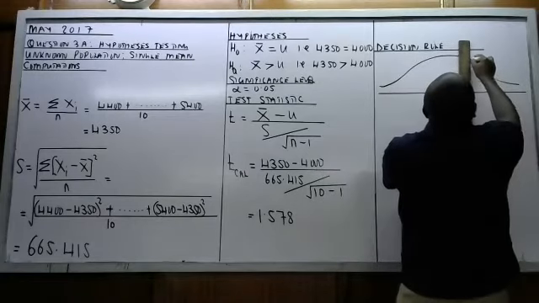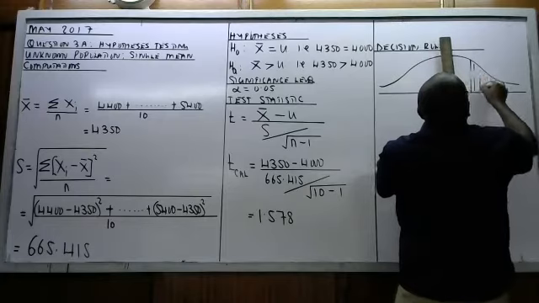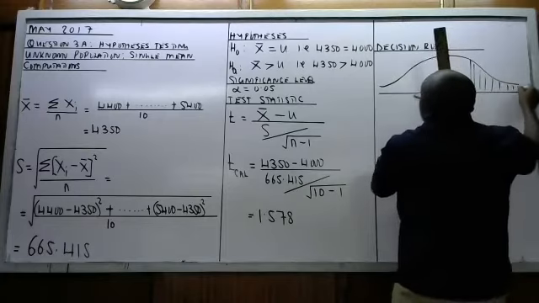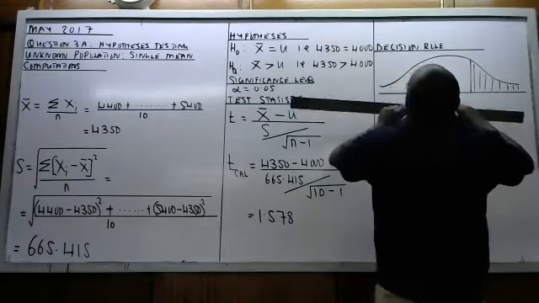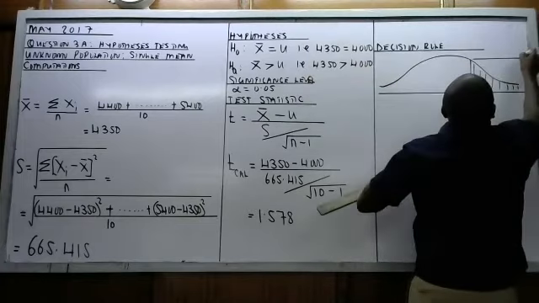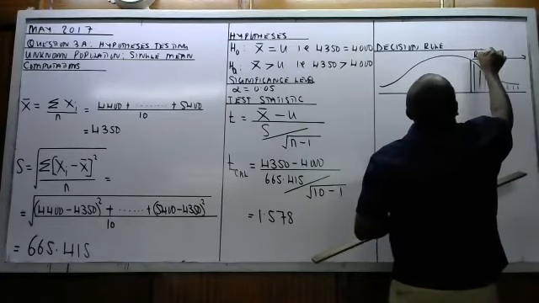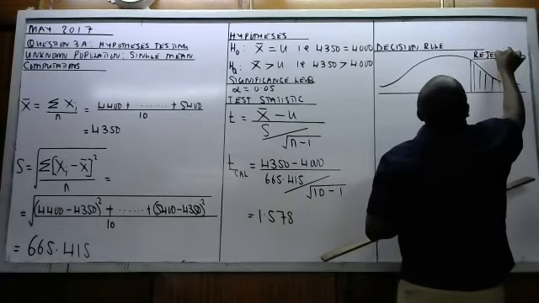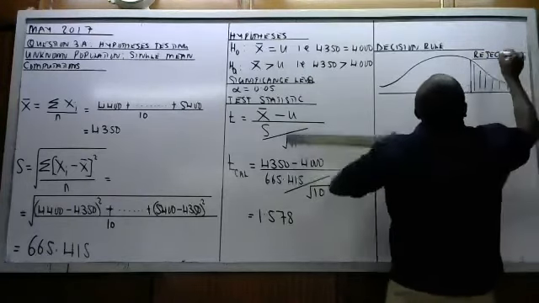On this side, because we are looking for the greater than, here we will say reject null.